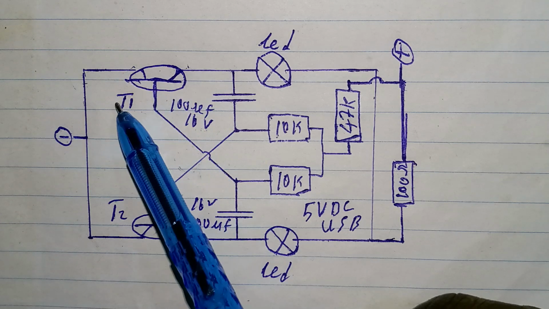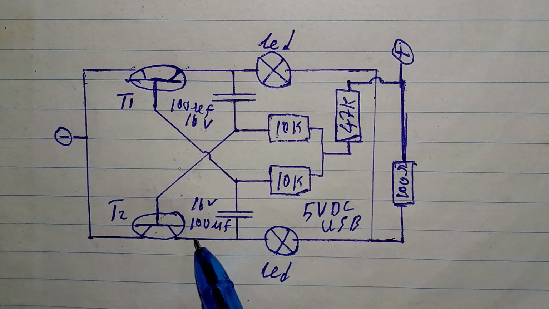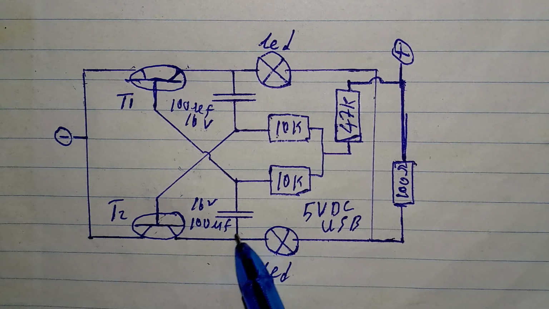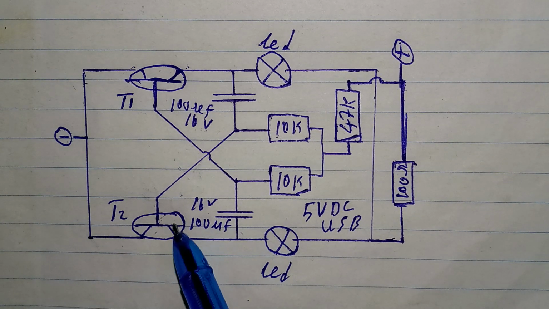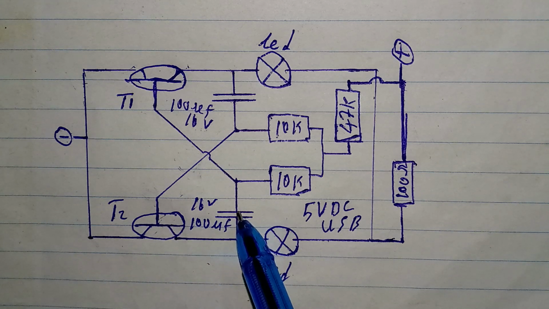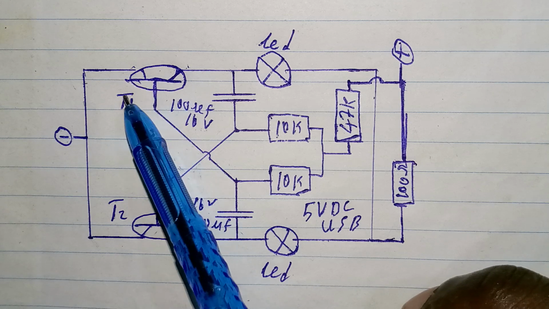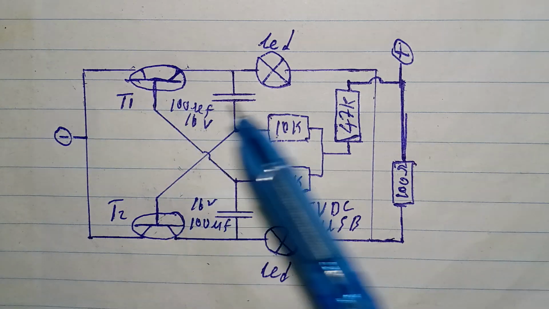The same goes for T1, where a capacitor positive is connected to the collector of transistor T2, and then the negative terminal of the capacitor is connected to the base of transistor T1.